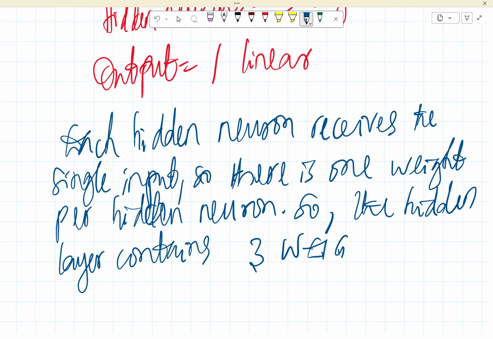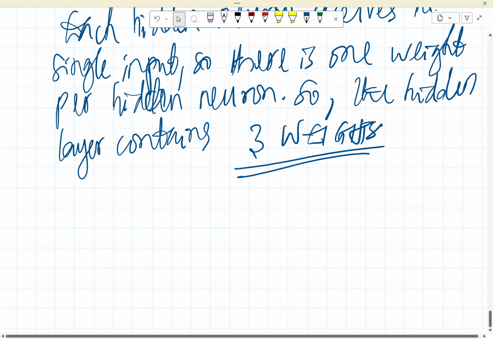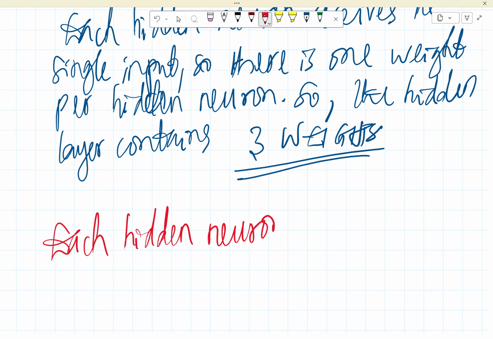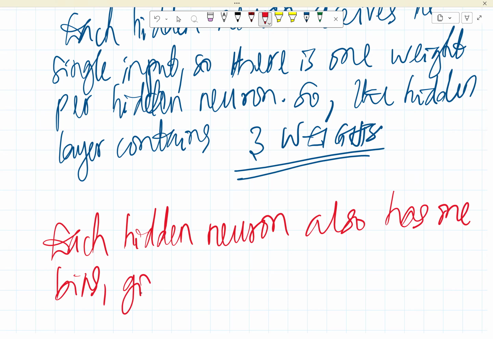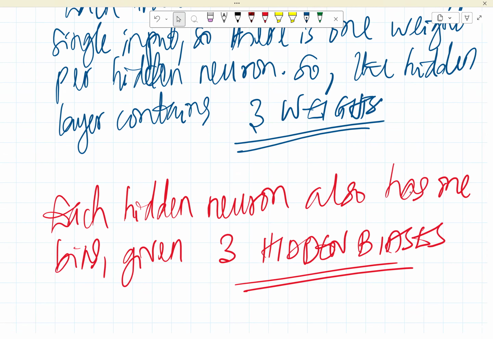The hidden layer contains three weights. That's one step there. Then again, each hidden neuron also has one bias, so we now have three hidden biases. That's another one.